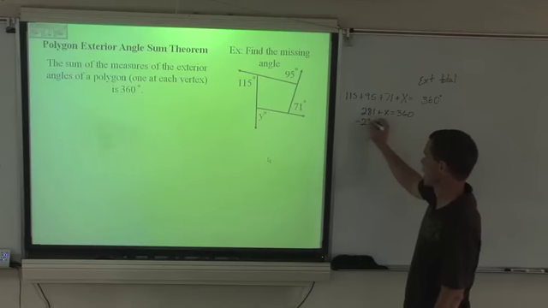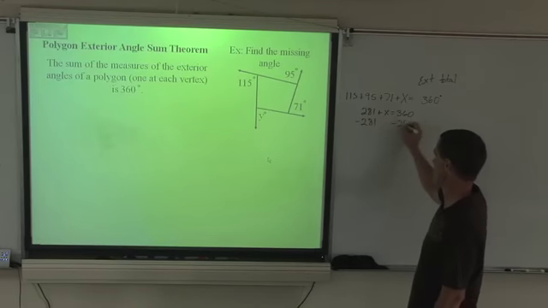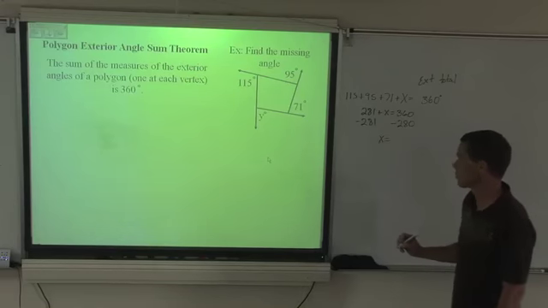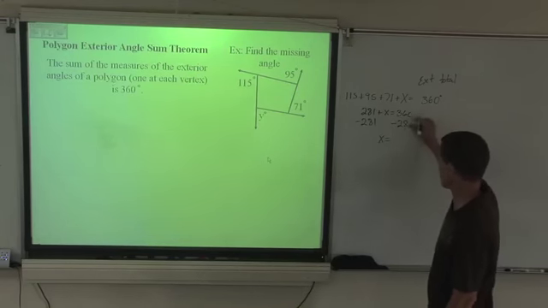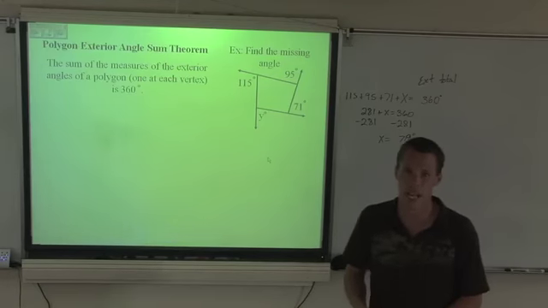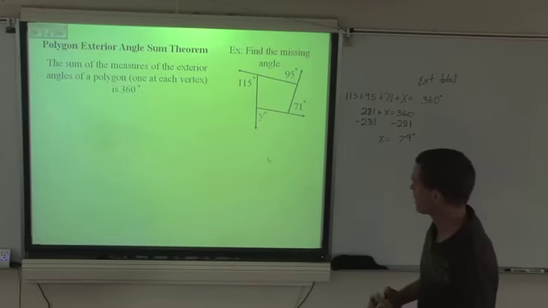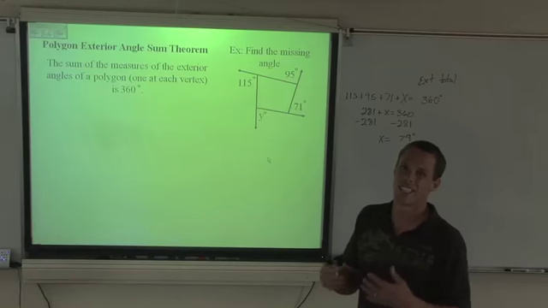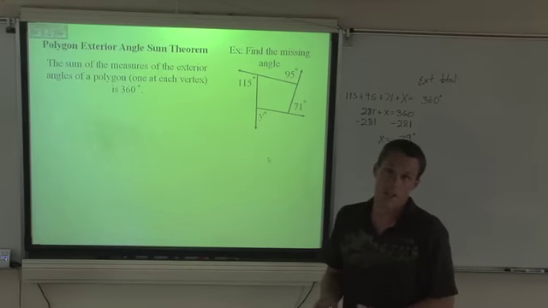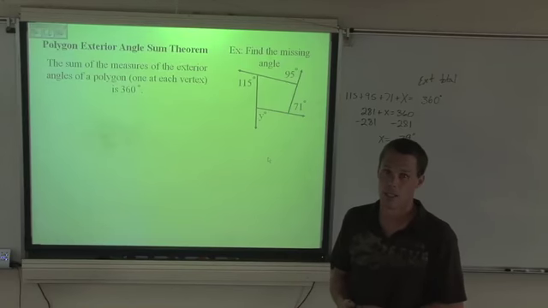We're going to subtract that 281 from 360, and sorry, this is supposed to be 281. So that's going to be 9 there, and that's going to be 79, and x is equal to 79 degrees. That is how we use the exterior angle sum theorem. One good thing about this theorem is it always adds up to 360, no matter what the shape is.